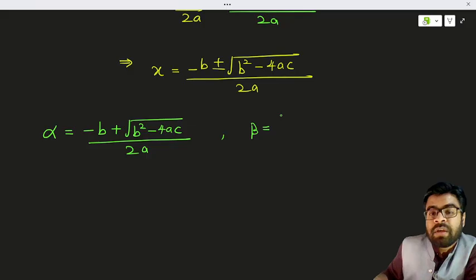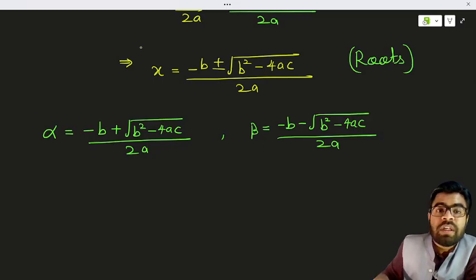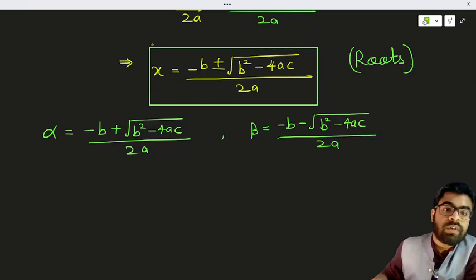Let's suppose beta I'm taking is minus b minus root b square minus 4ac divided by 2a. Here these are called the roots of our quadratic equation. Clear? And basically this formula is called the Sridharacharya formula in the quadratic equations.